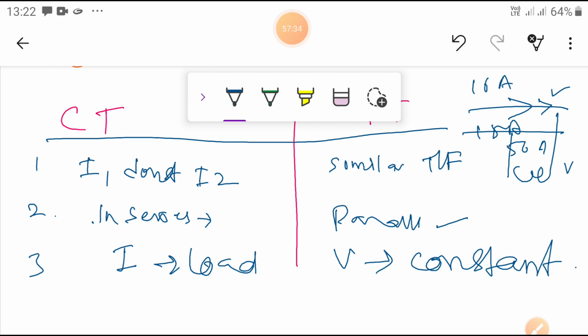And the fourth one is that the CT may be thought of as a series transformer under virtual short circuit conditions. The PT may be considered as a parallel transformer with its secondary winding operating under open circuit condition.